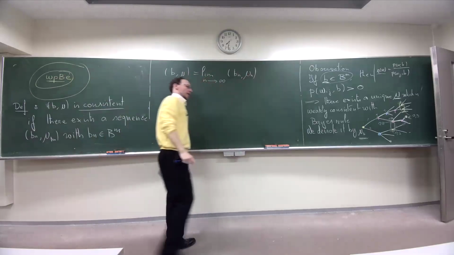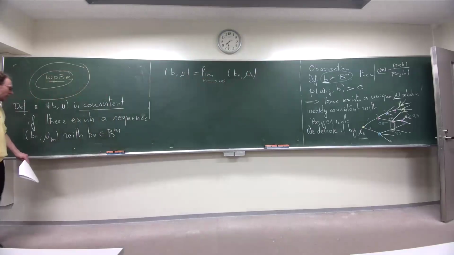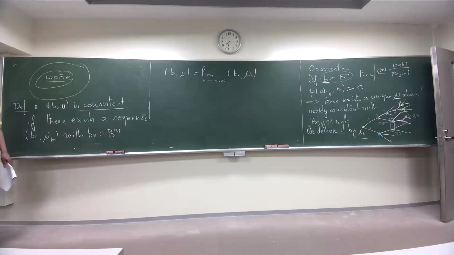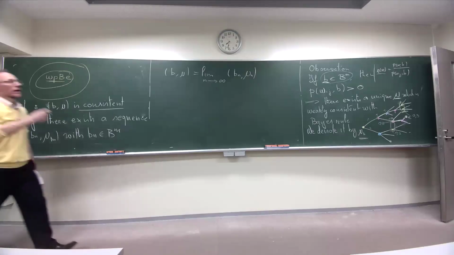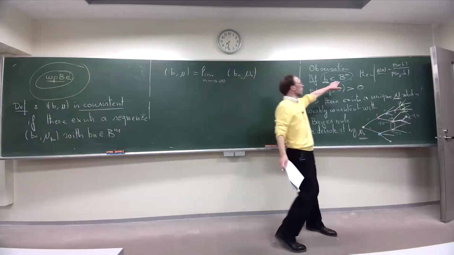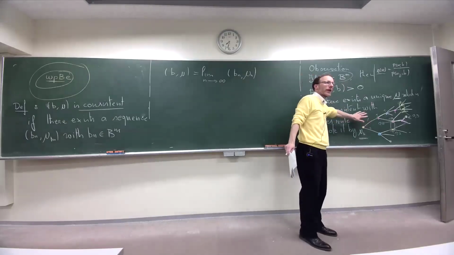So what does it mean? It's a bit annoying, but I decided still to present it. We introduced before what is weakly consistent with Bayes' rule, but as we have seen, for guys which are not completely mixed, it doesn't fully define mu(x).